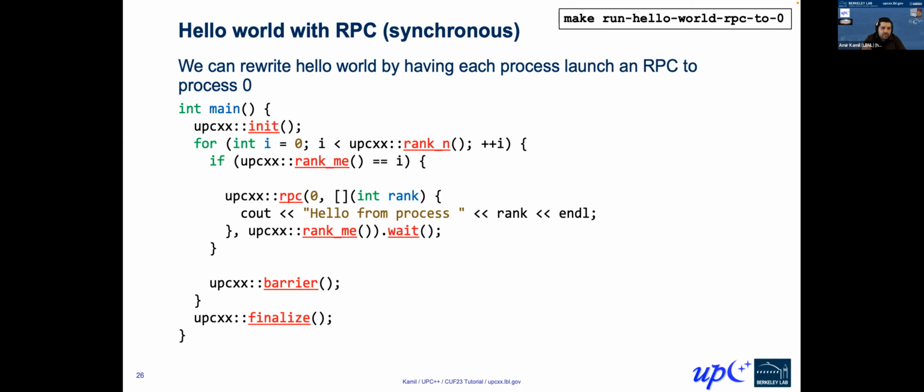So here we're essentially having process 0 do all the prints, and process 0 is only going to run one RPC at a time, so we're not going to get any interleaving. As far as what we're sending over to process 0 to execute, here we have an anonymous function, or lambda function. If you're unfamiliar with those, it essentially allows us to put a function directly as an expression in the code itself.